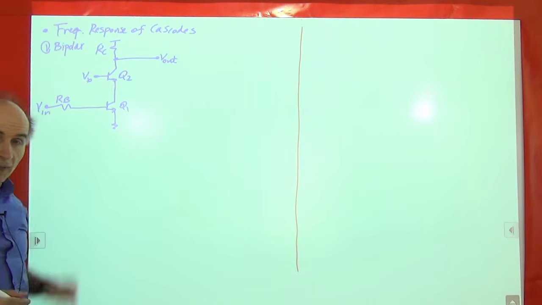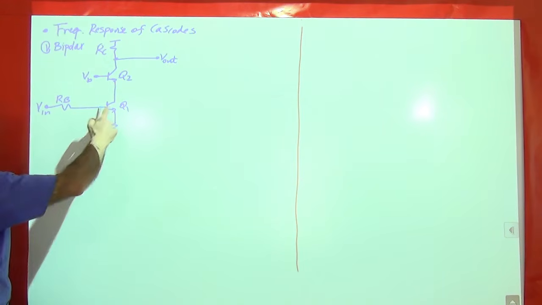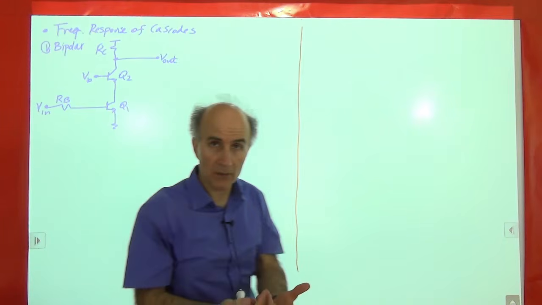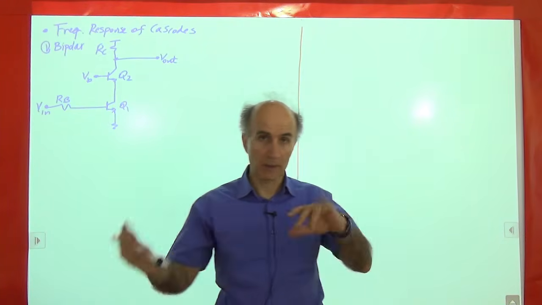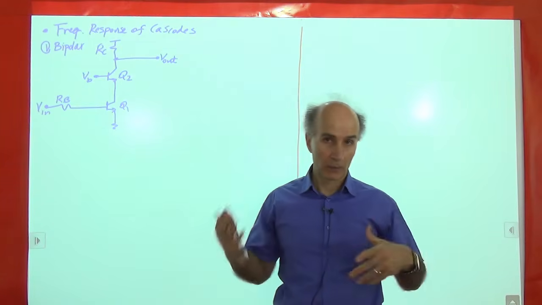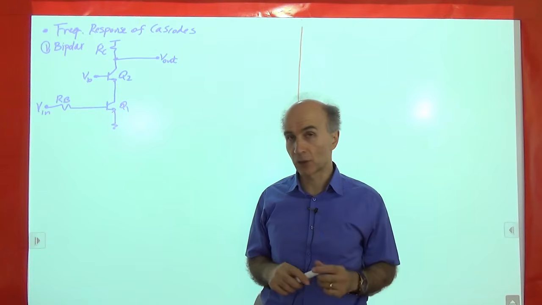But one at a time. Each transistor contributes 3 capacitances. So we're going to draw all the capacitances in the circuit and then see which ones can be combined or dropped out, and then we try to analyze the circuit. We will get there shortly.